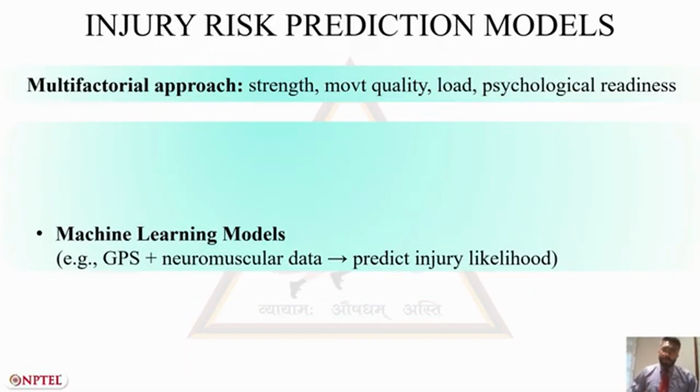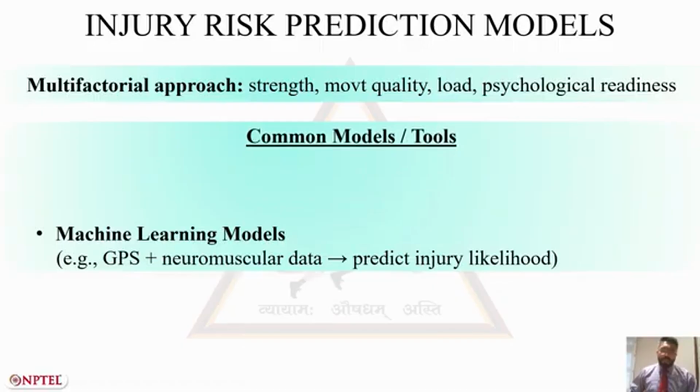Now coming to injury risk prediction models. These utilize a multifactorial approach with strength, movement quality, training load, and psychological readiness.